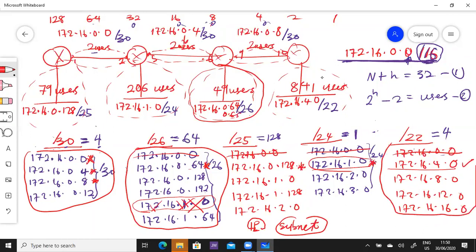But what I mean is, you went to pick the 172.16.1.0 for, let's say, the 206 users, whilst the same IP address falls under the /26, and you say we can't use it since it has been used under the /24.